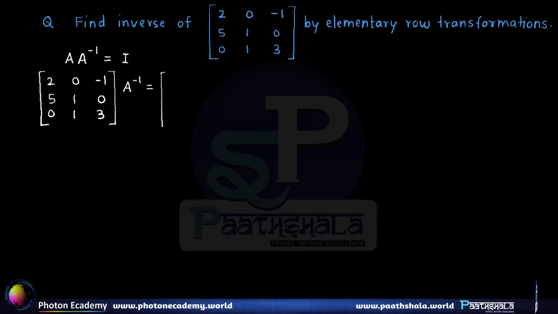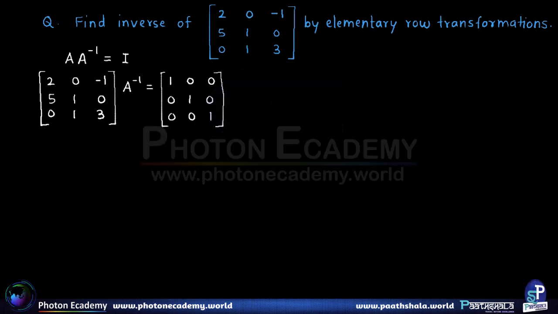And on the right hand side we write the identity matrix of the same order. Since we have a 3 by 3 matrix, we write the 3 by 3 identity matrix, which has all the diagonal elements as 1 and all other elements as 0.